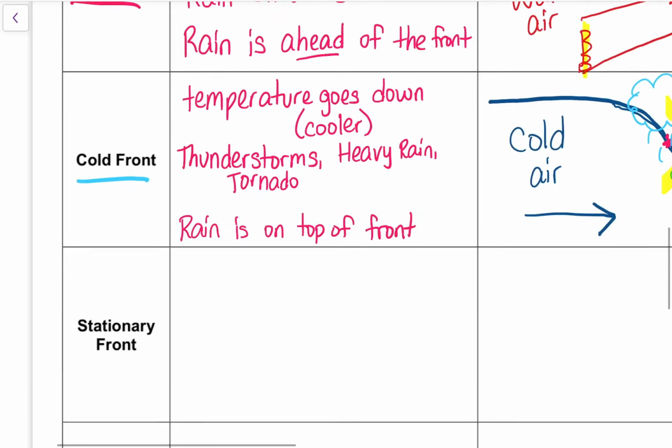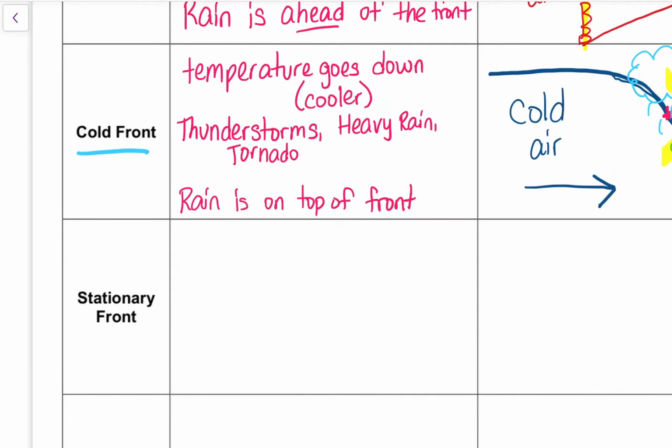The next kind of front that we want to look at is a stationary front. And so stationary front, again, the name tells us something about what's going on. A stationary front occurs when two air masses hit each other and they don't really move. They stay stationary.